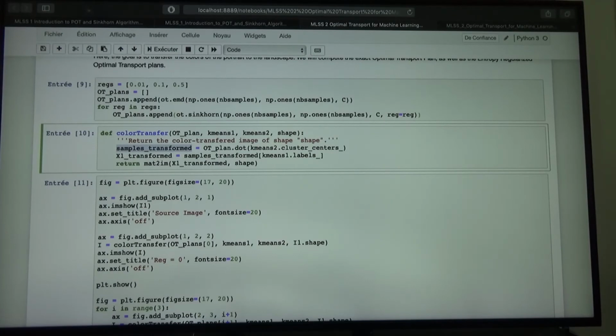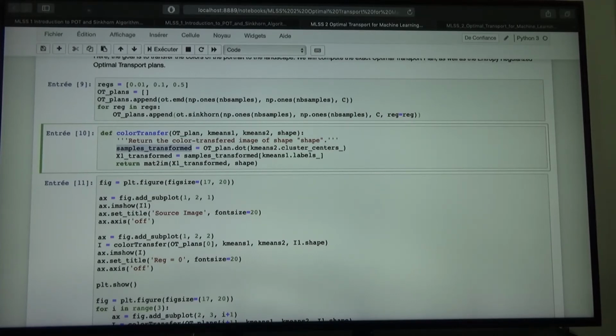Okay? So what we do is we take the labels of the first k-means, that is the labels of the pixels of the original image that we want to actually transform, and we transfer them according to this samples transformed, that is the transformation of the centroids. And this gives us a vector of transformed pixels on the whole image, for all the pixels of the original image.